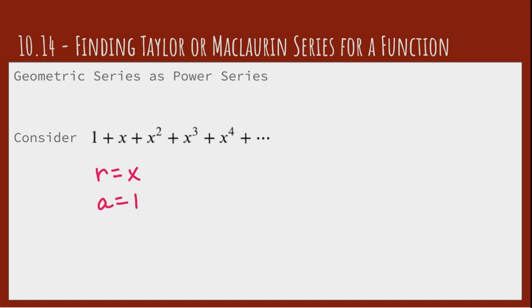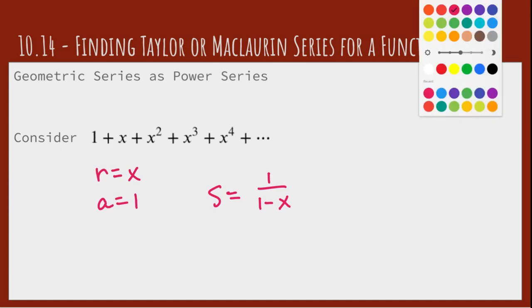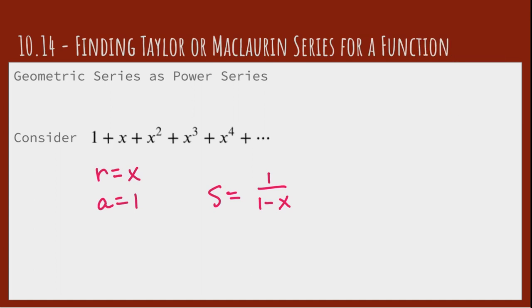So with the first term being 1, as long as it's a convergent geometric series, the sum of this series is going to equal 1 over 1 minus the common ratio. So this is only going to be true if that common ratio x is between -1 and 1. But as long as it is, then this infinite polynomial is equal to 1 over 1 minus x.